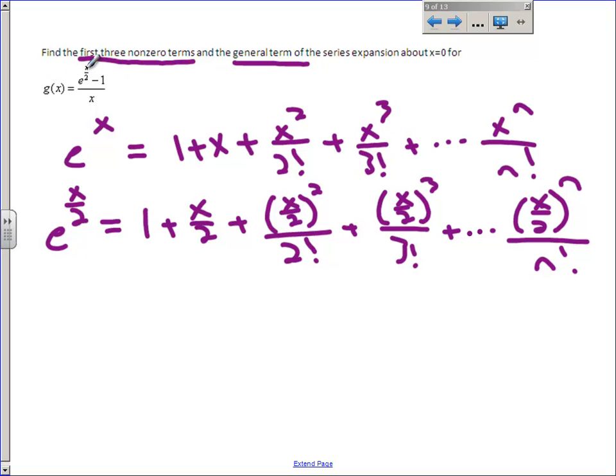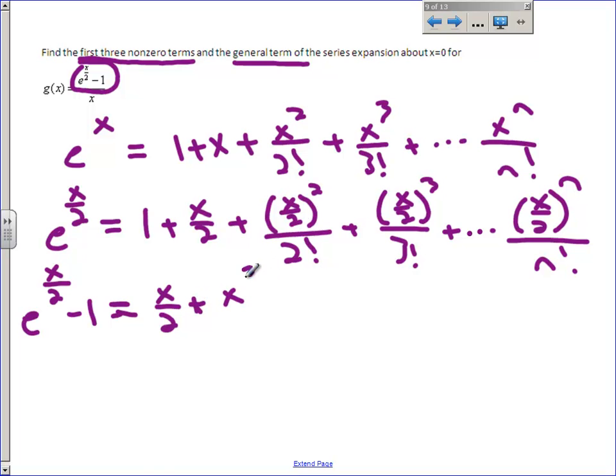See, I'm sort of going a little step at a time here. So I now have this built. Now, how am I going to build e to the x over 2 minus 1? Well, if we subtract 1 from both sides, e to the x over 2 minus 1 would be all of this without the 1. So that would be x over 2 plus, now I'm going to simplify this. That's x squared over 4, and then bring the 4 down.